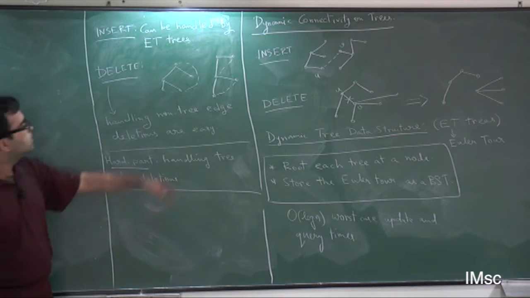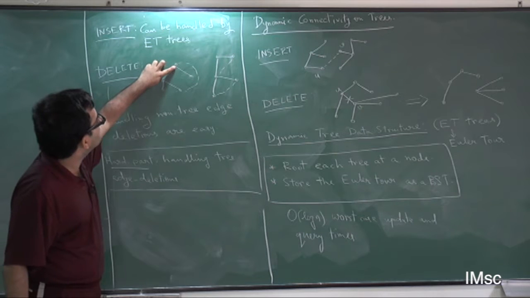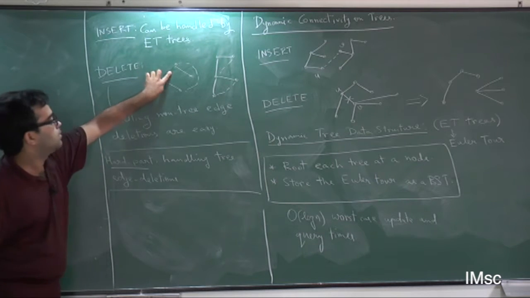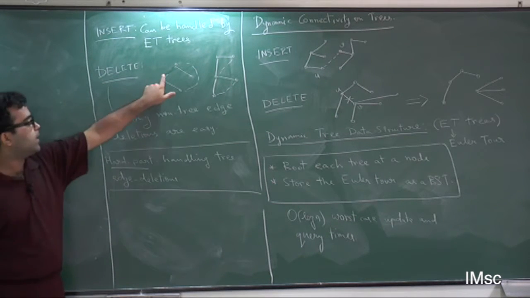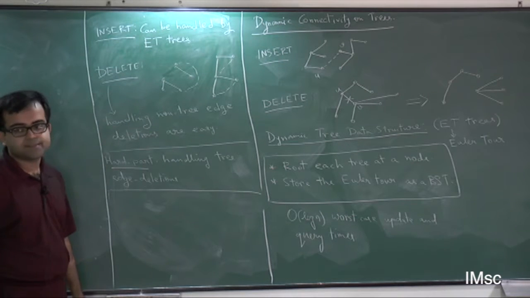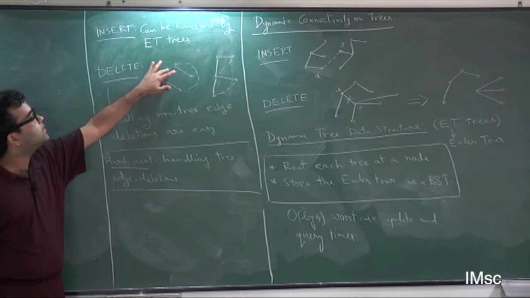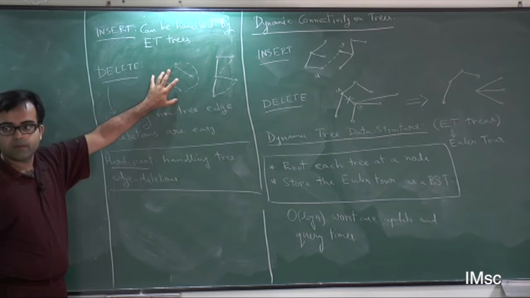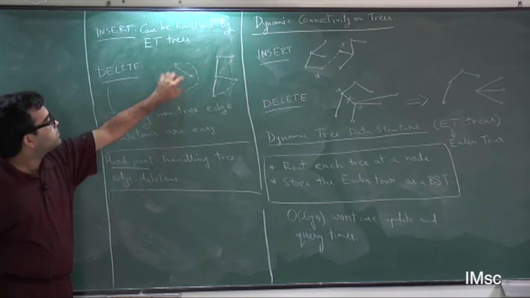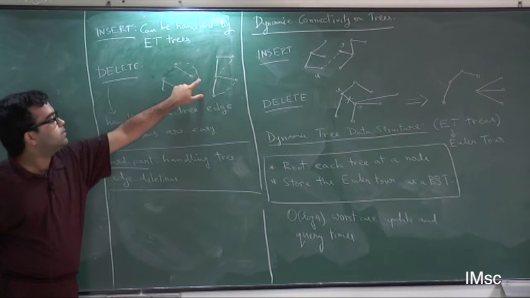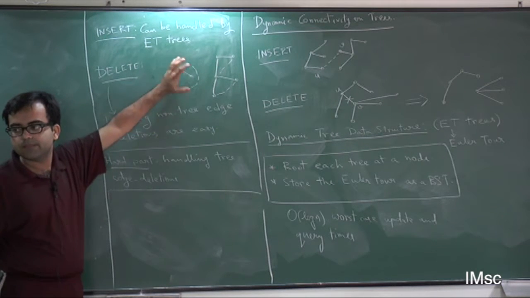So, basically when one tree edge gets deleted, it is not obvious how you can handle it using your ET tree data structure. Because what the ET tree will do is split this into two new trees, but maybe these two components are still connected, and you just need to find this non-tree edge and patch this up.